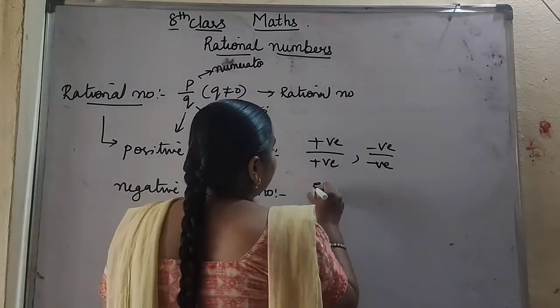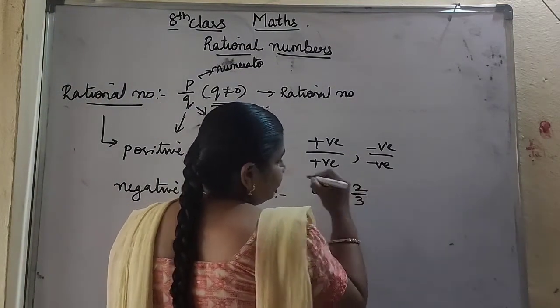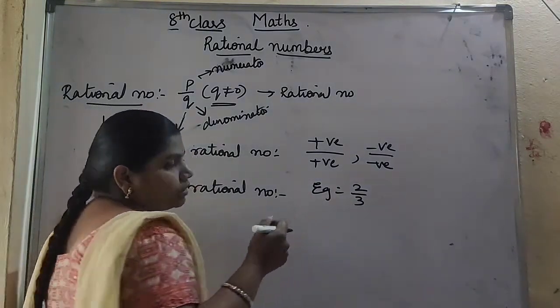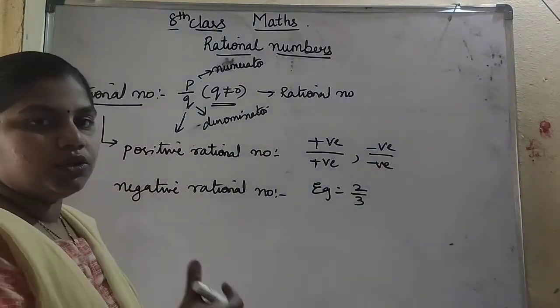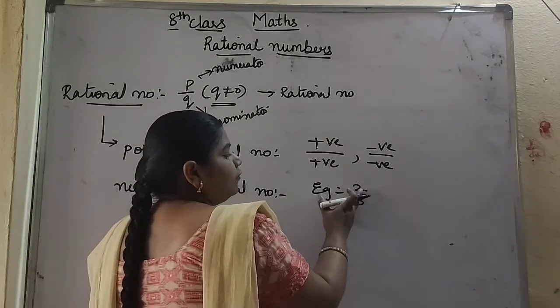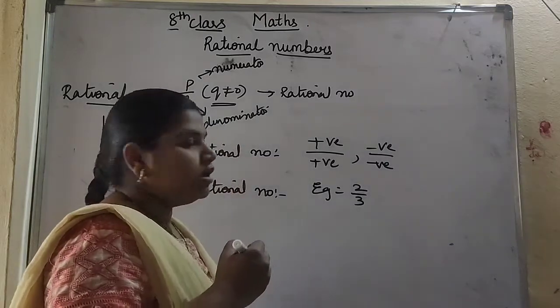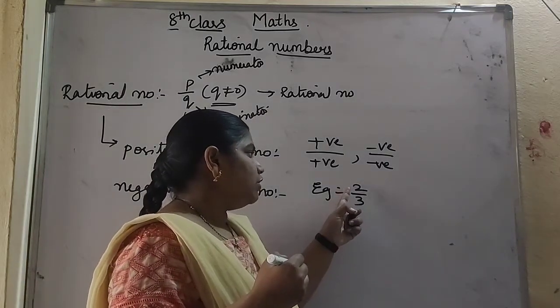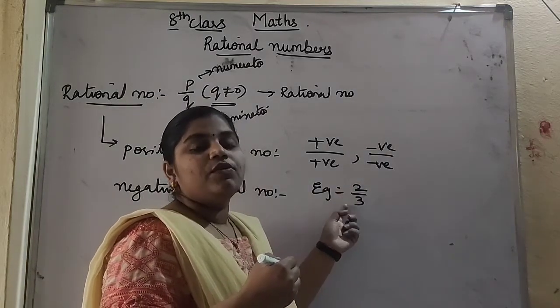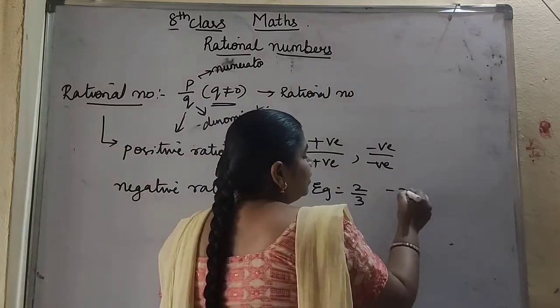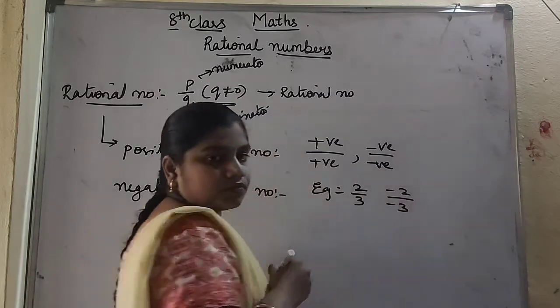For example, you can take 2 by 3. 2 by 3 is a rational number, and is it a positive or negative rational number? That is a positive rational number, because before 2 there is a plus sign and before 3 also you have a plus sign. So if you have the same signs in numerator and denominator, we will call it a positive rational number. In the same way, minus 2 by minus 3.